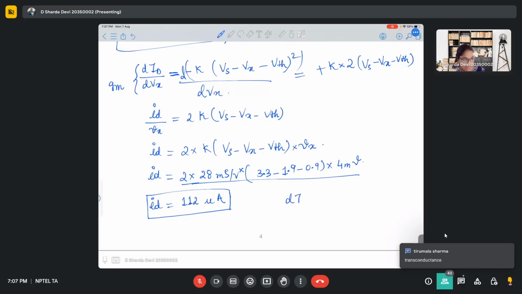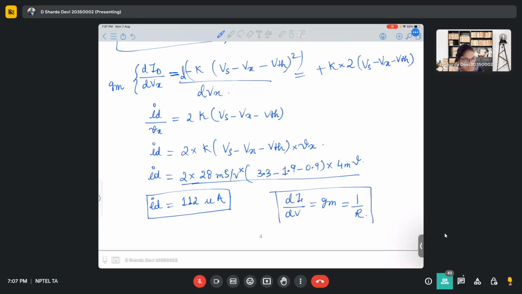So dID by dVD, or let's say dI by dV, is G, which is 1 by R. So if somebody asks you to calculate the conductance, this is the formula for conductance.